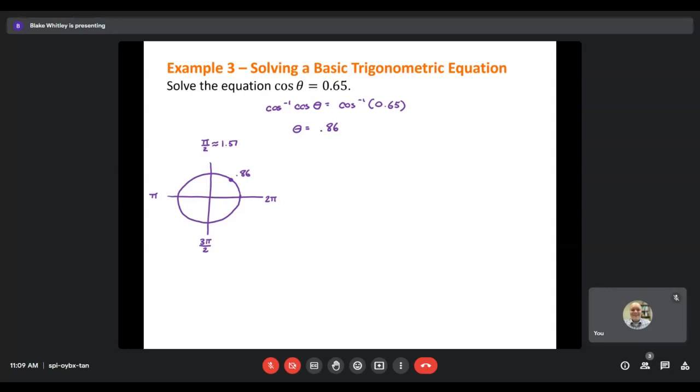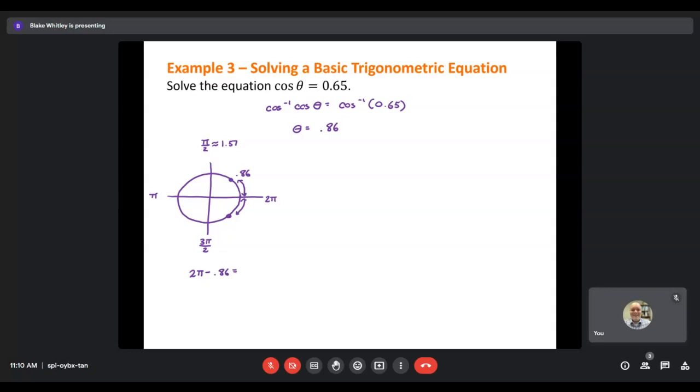Well, since I had a cosine value that was positive, I know the other place that I could have a positive value for cosine is in the fourth quadrant. And so I need to look down here at this point. To find the value of that, I know this distance is the same as the distance up here in the first quadrant. So I can just do 2 pi minus 0.86, and that should give me the other value that would work here.